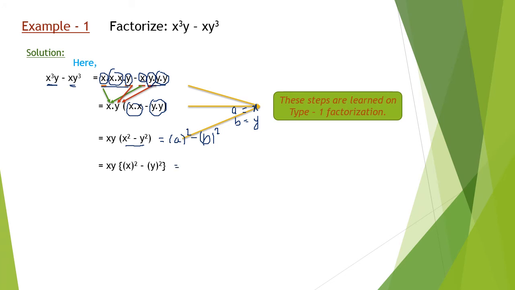It's xy and curly bracket a square minus b square and curly bracket close. So if we link here, x is a, and y is b.